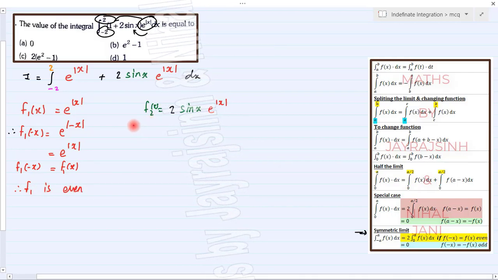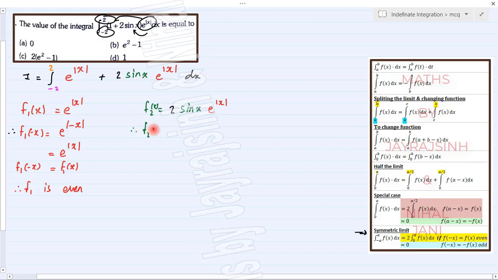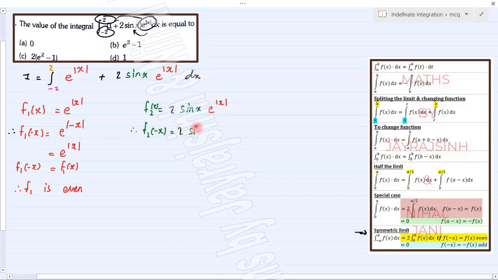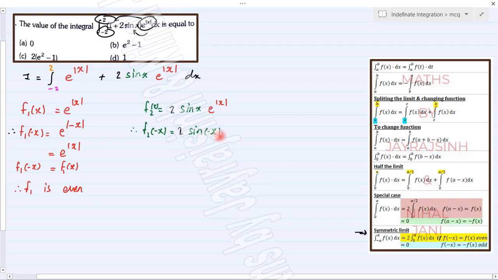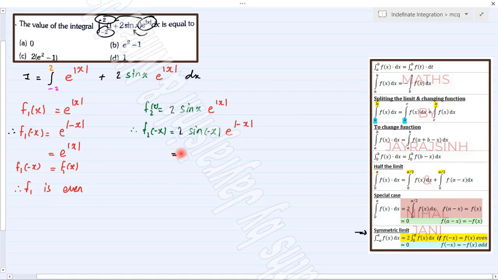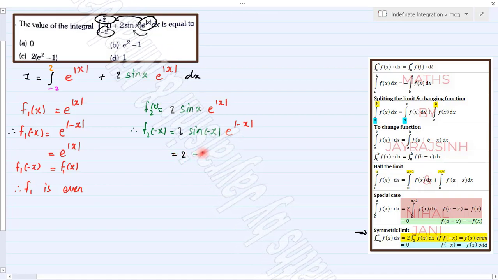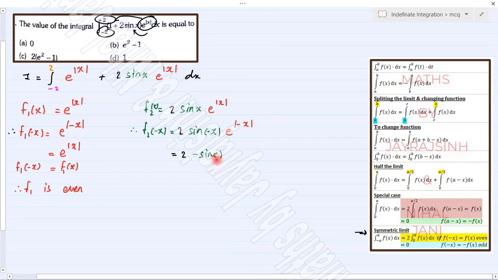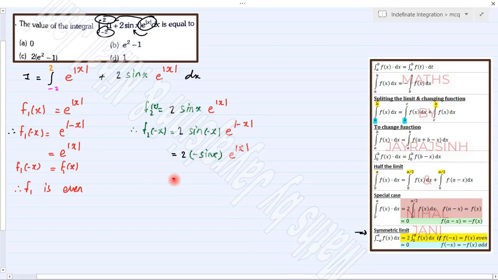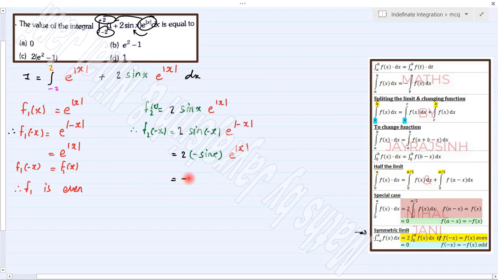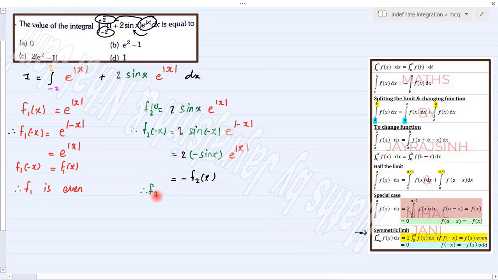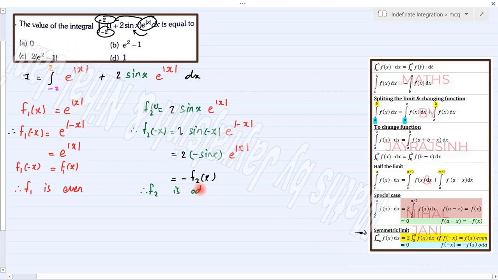Now, if we talk about f2, your f2(minus x) will be 2 times sine minus x into e raised to mod minus x, which will give us 2 times minus sine x into e raised to mod x. So here we'll get minus f2(x). So we can say your second function is odd function.